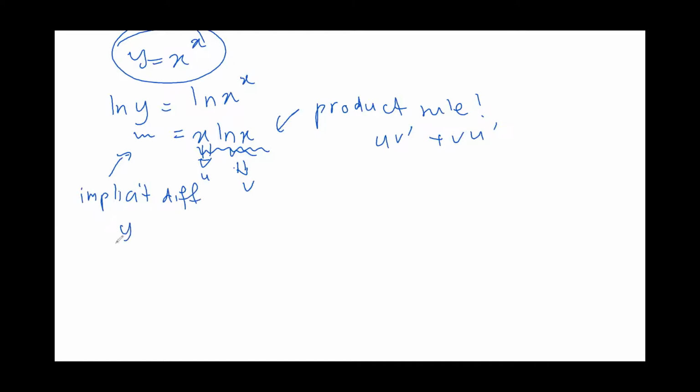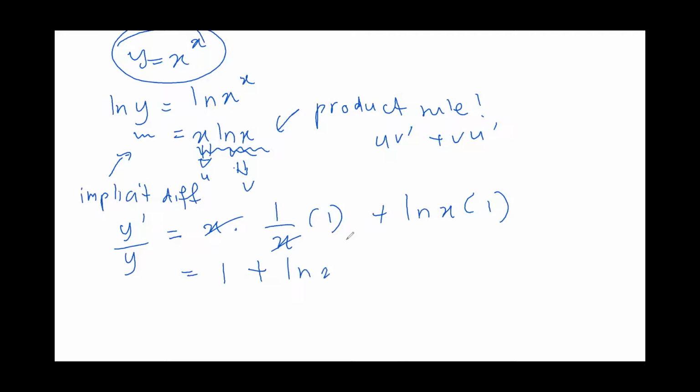So you get y prime over y equals x times 1 over x plus 1 times ln x, which equals 1 plus ln x. Alright, so y prime equals y times 1 plus ln x, which equals, taking back the y from earlier, x to the power of x times 1 plus ln x.